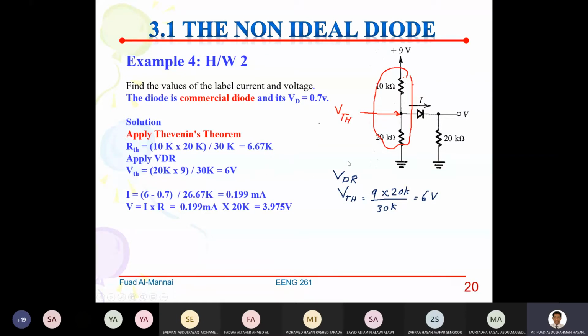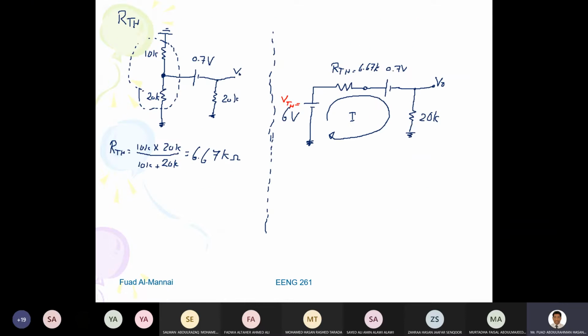Having found RTH and VTH, now we're going to redraw the circuit. Remember that every time you see a commercial diode in a circuit, you replace it with its equivalent circuit or equivalent model. This is shown in the next slide.